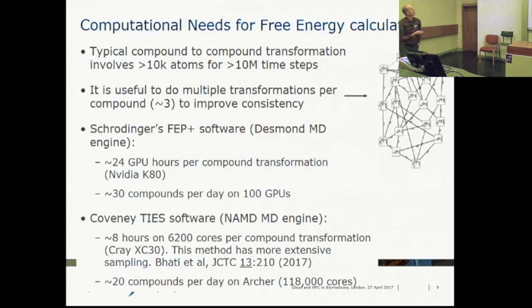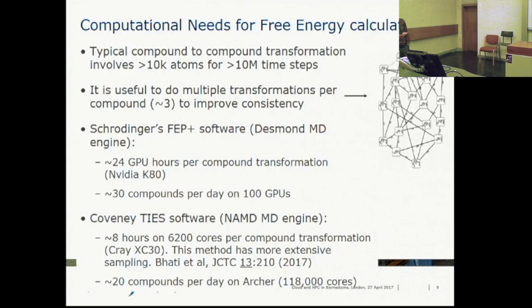So what do you need? Some of these numbers may not be completely accurate, but I think it's in the right ballpark. A typical transformation between 2 compounds, and this is just a graph that you get if you use the Schrodinger software, where every box is a compound and every link is a transformation that you do from one to the other, which is basically the basis of the free energy perturbation method.